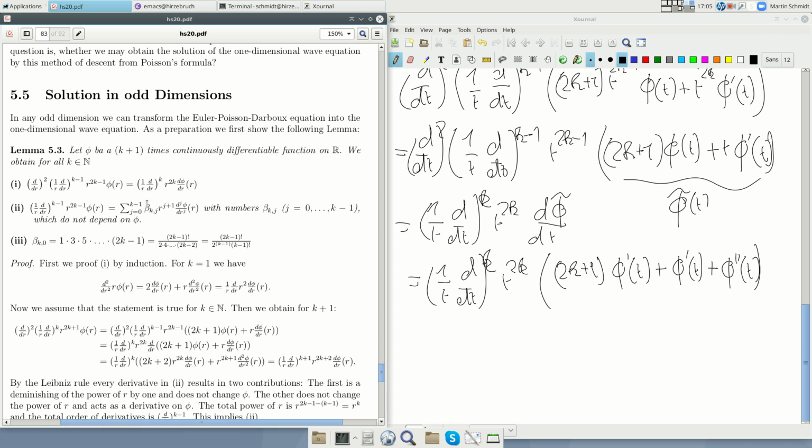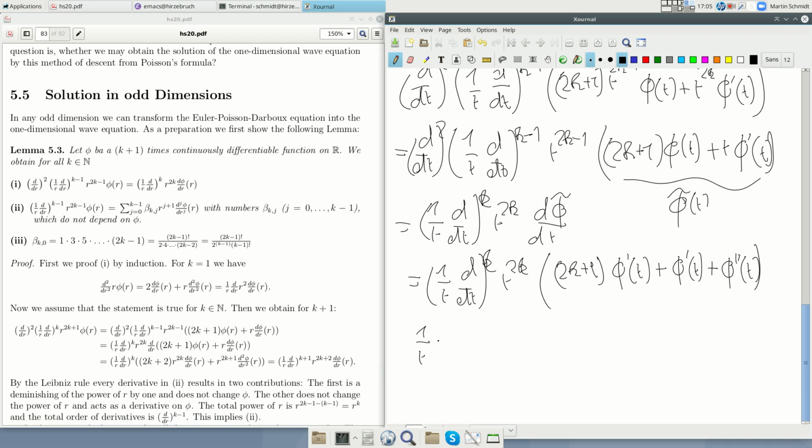Okay, let's now calculate the right-hand side, what we should get for k plus 1. This is what we get by the left-hand side for k plus 1, and now let's calculate this: 1 over r d by dr, k plus 1 acting on r to the 2k plus 2 d phi dr of r.